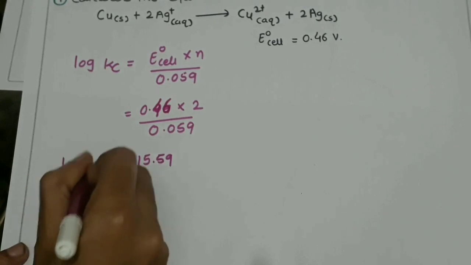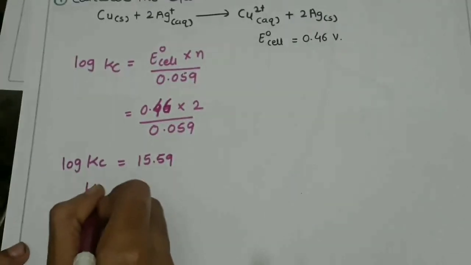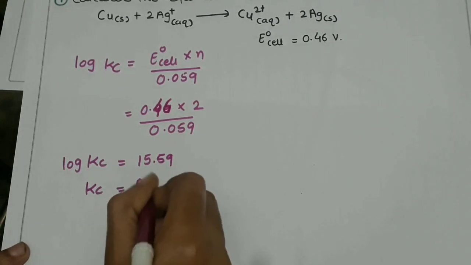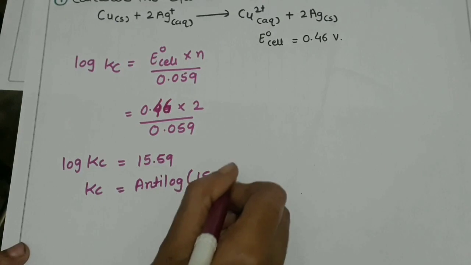Now we have to find the value of Kc. So log of Kc is equal to 15.59, therefore the value of Kc is the antilog of 15.59.